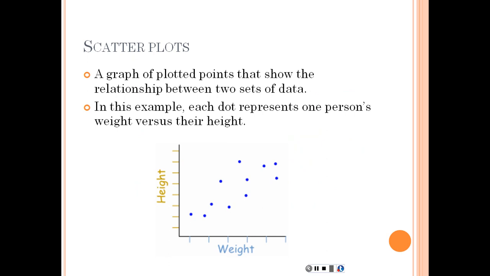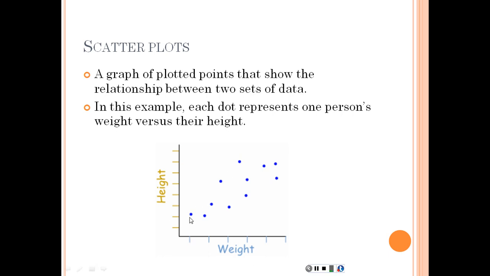Our last graph that we're going to look at is a scatter plot. A scatter plot is a graph of plotted points that show the relationship between two sets of data. In this example, each dot represents one person's weight versus their height.